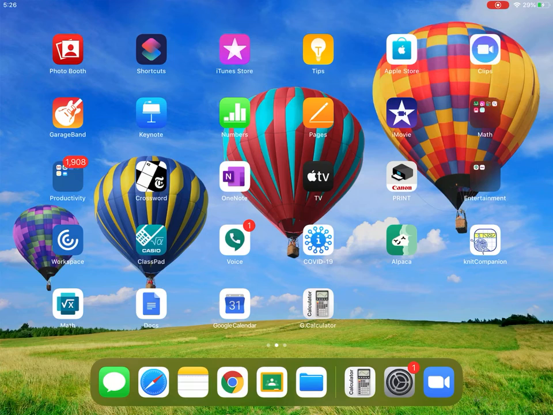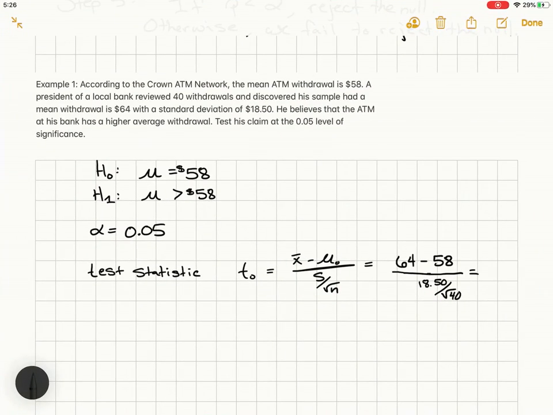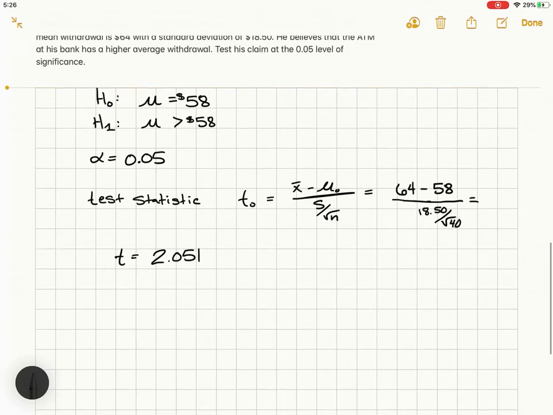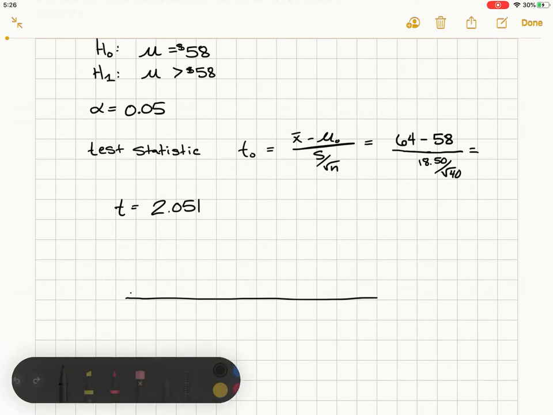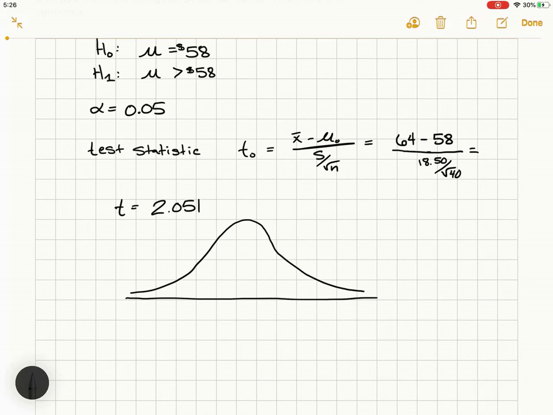Now what's going on here is we have a bell curve, and my sample is approximately normal. What would the p-value be?